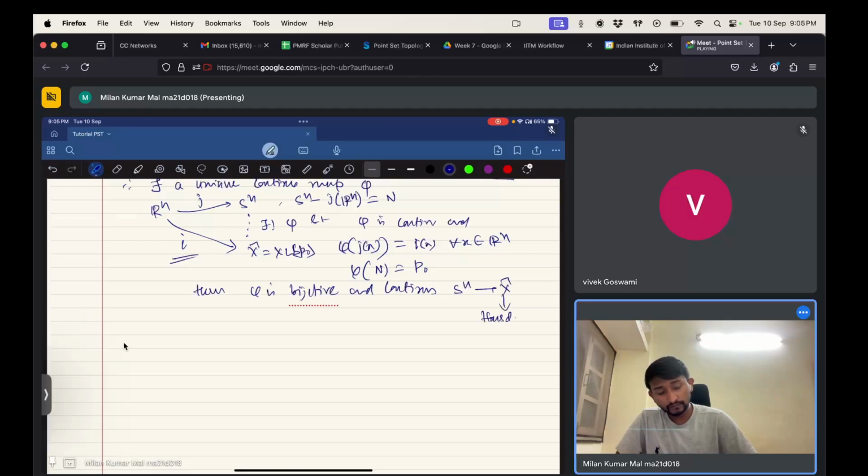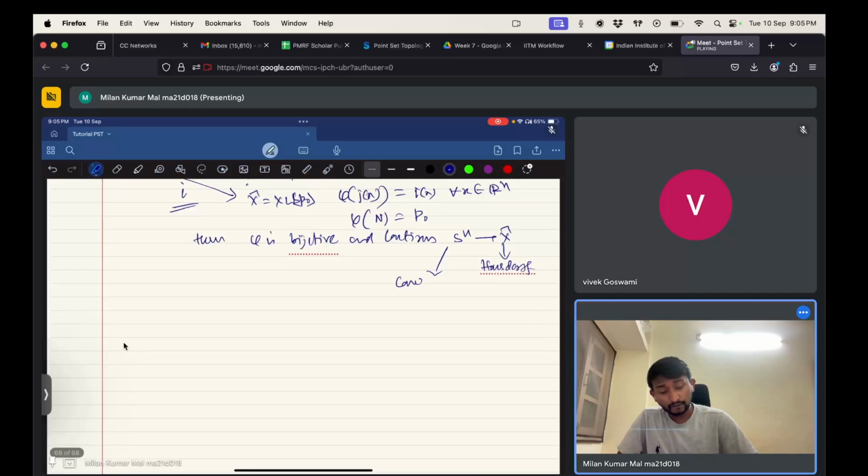Sn is Hausdorff and X cap is compact. So by the previous theorem, if I have a bijective continuous function from a compact space to a Hausdorff space, then it is a homeomorphism. So phi is a homeomorphism.